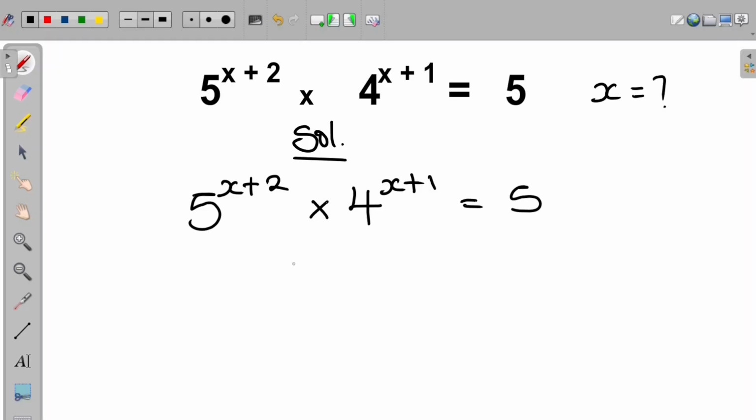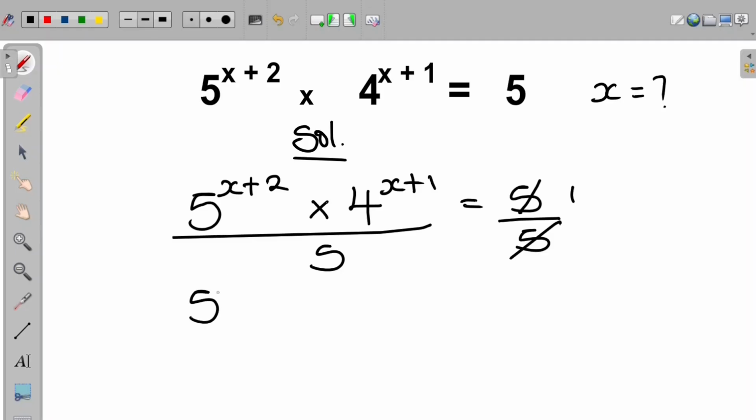Now, let us divide the equation by 5. So we divide the right-hand side by 5 and also divide the left-hand side by 5. So 5 can cancel out 5, we have 1. So the equation becomes 5 raised to the power of x plus 2 multiplied by 4 raised to the power of x plus 1, all divided by 5 equal to 1.